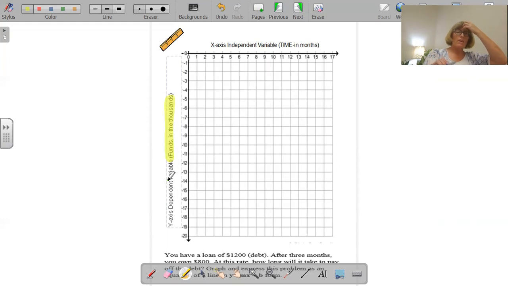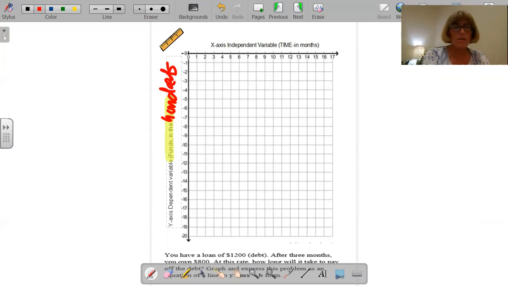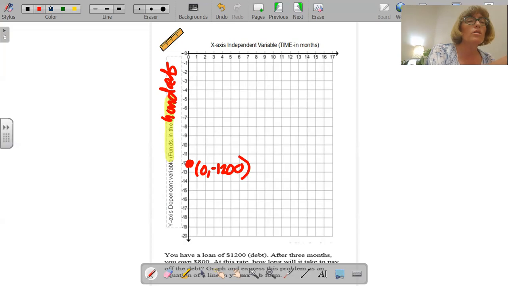Funds in, actually that should say hundreds. Funds are in hundreds, not thousands. So at 0 months, we owe $1,200. So our first data point is 0, negative $1,200. Our second data point was after 3 months, we are at $800 in debt. So that's 3, negative 800.